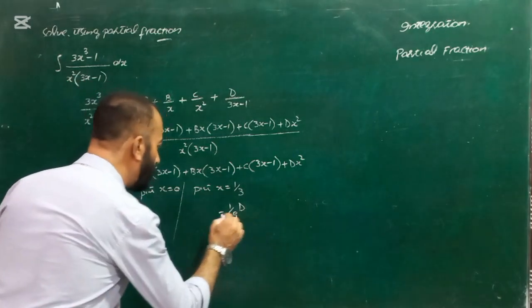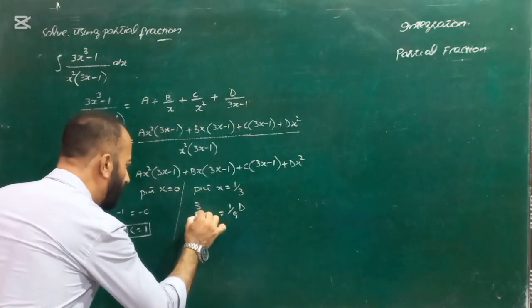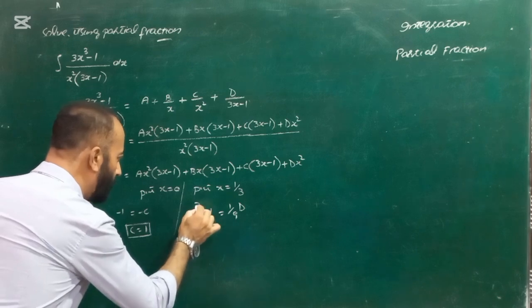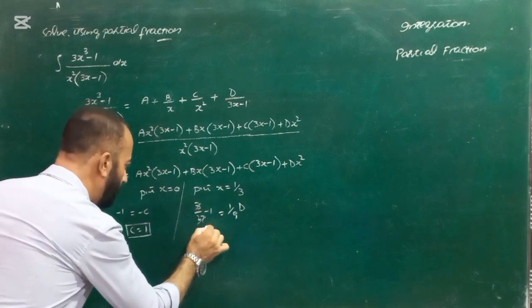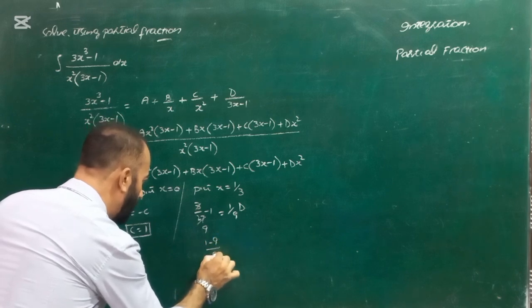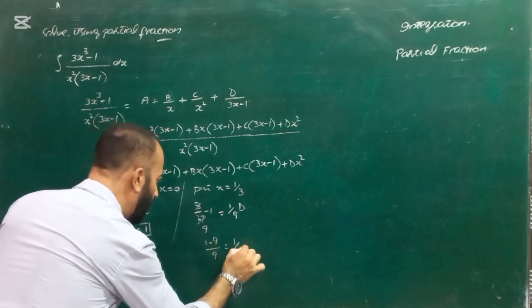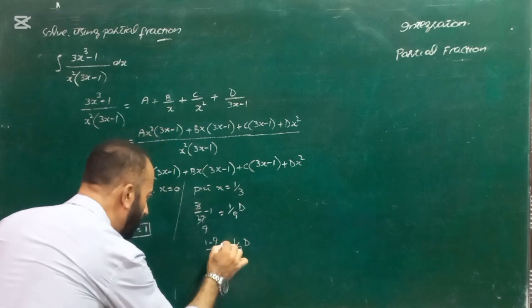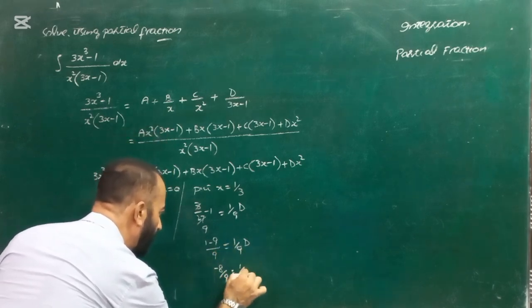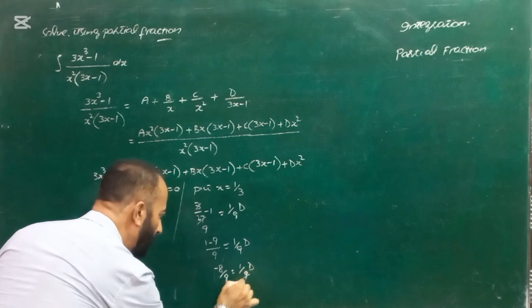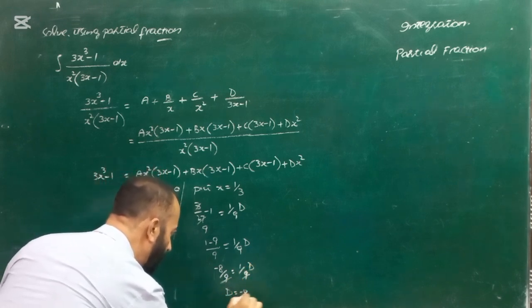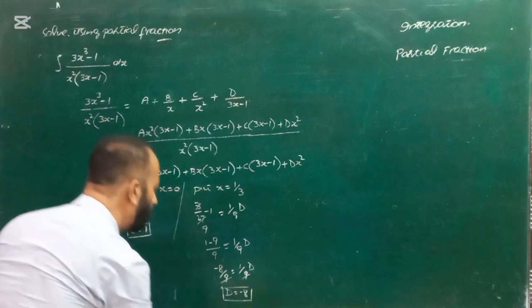So 3 by 27 minus 1. So 3 9s are 27, and 1 minus 9 over 9 will be equal to 1 by 9 d, will be equal to minus 8 over 9 equal to 1 by 9 d. 9 will be cancelled by 9, so d is equal to minus 8. So this is the value of d.